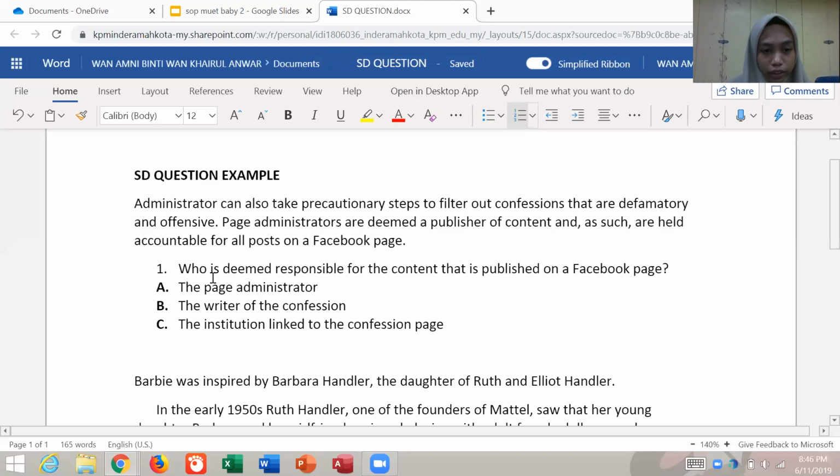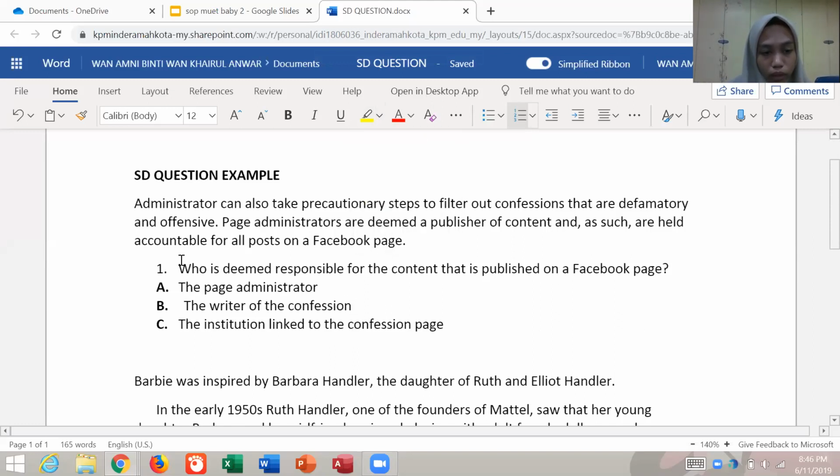The first question is, who is deemed responsible for the content that is published on a Facebook page? Even though it does not have the word "because", it asks a direct question.